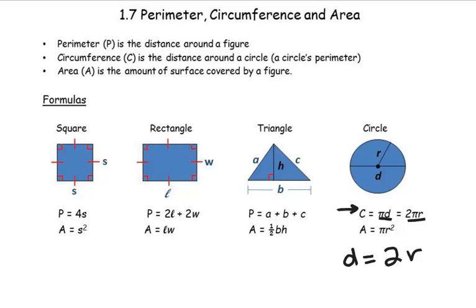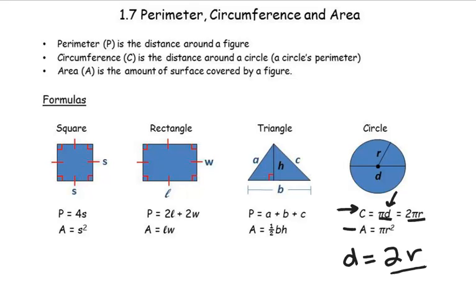So instead of the d, we're substituting in 2 times r for the diameter if we look at this formula here. So we're just substituting 2r, and then we have pi. That's your circumference, the distance around, and the area is pi times r squared, your radius squared.